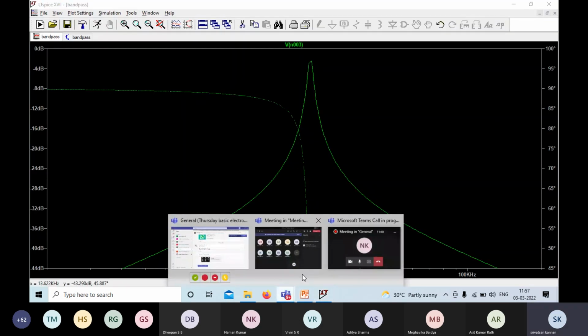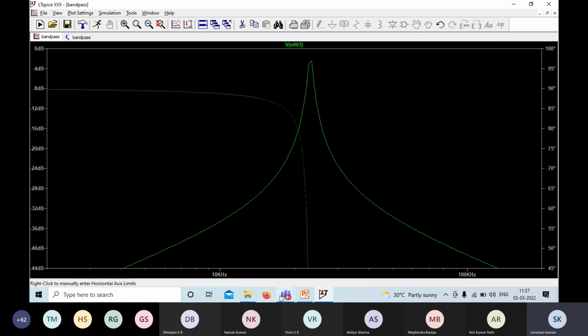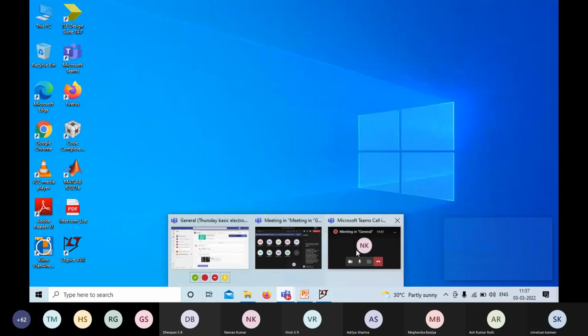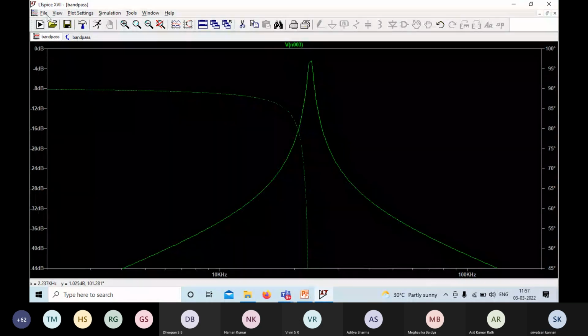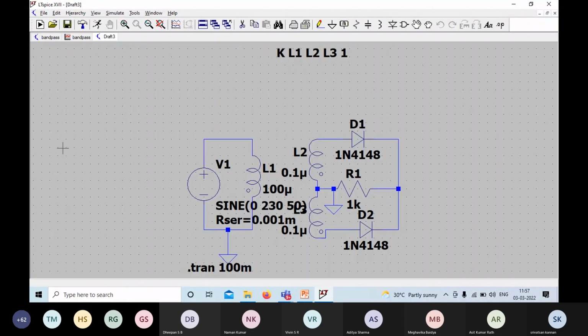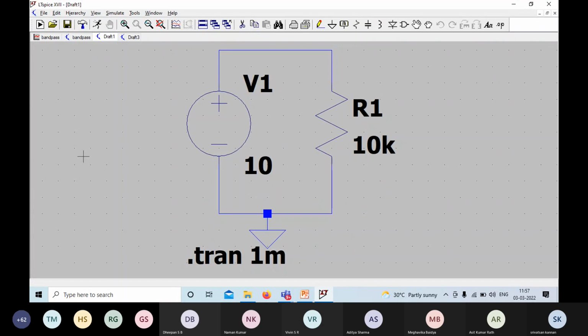The diode was discussed in the class. I think most of you are aware of the diode, right? Shall we do the diode? Diode characteristics. What is a diode? What is the property of a diode?